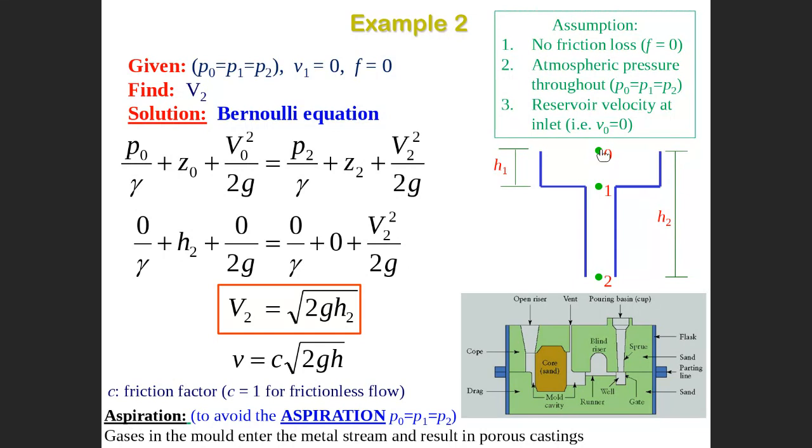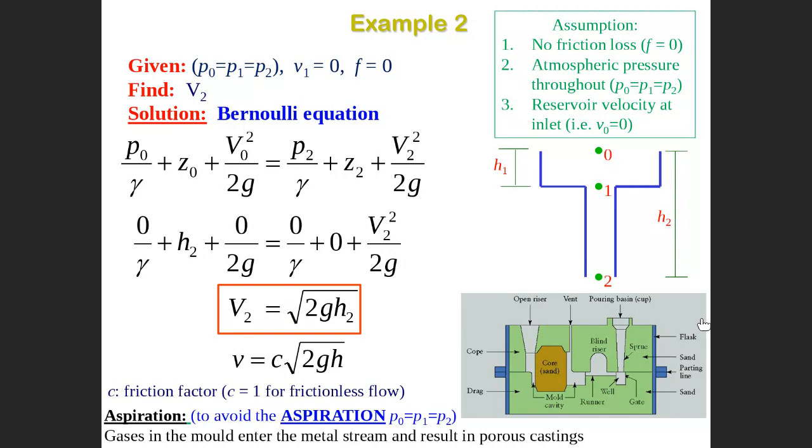If the pressure changes from 0 to 1 to 2, the gas will get turbulent here and will be trapped inside. We need to maintain the pressure constant at 0, 1, 2. If you do not successfully maintain constant pressure all the way from beginning to end, gas is trapped inside, leading to porous casting. What is a porous casting? Porous casting means casting with bubbles, casting with gases.